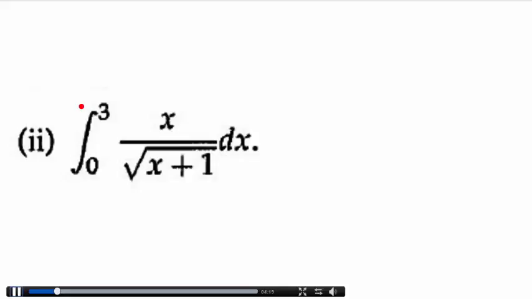So if you could make a u substitute, I think definitely we could make a u substitution for x plus 1, this part. Okay, if we make x plus 1 equal to u, meaning make our u equal to x plus 1, alright.